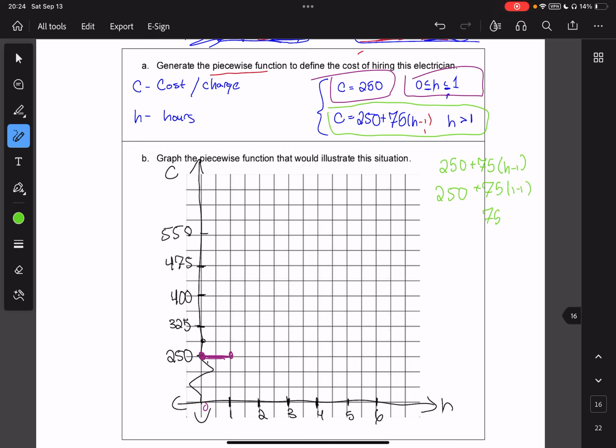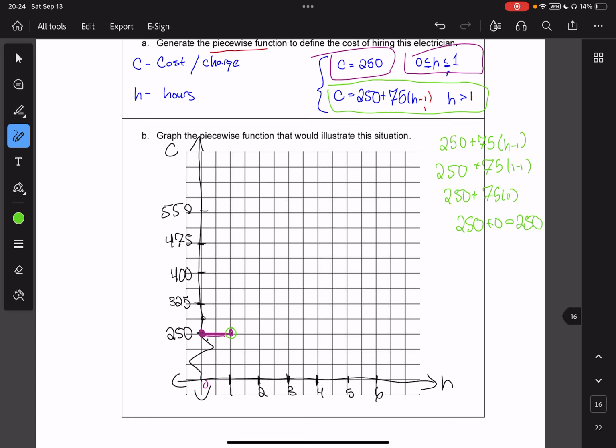So 75 times 0 turns out to be 250 plus 0, or just 250. So we get at 1 that it's 250, and as we can see with our original value, it's also 250. But remember, when we plot points at a less than sign or a greater than sign, we have to do an open dot because it's not equal to.